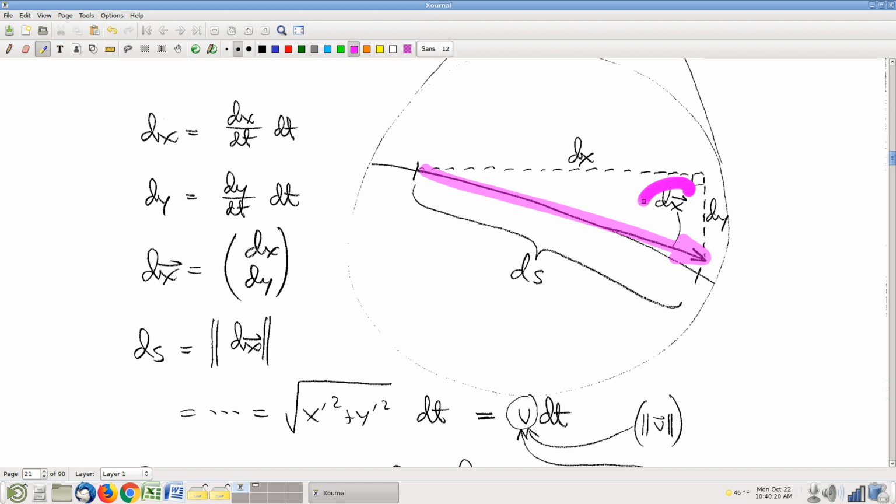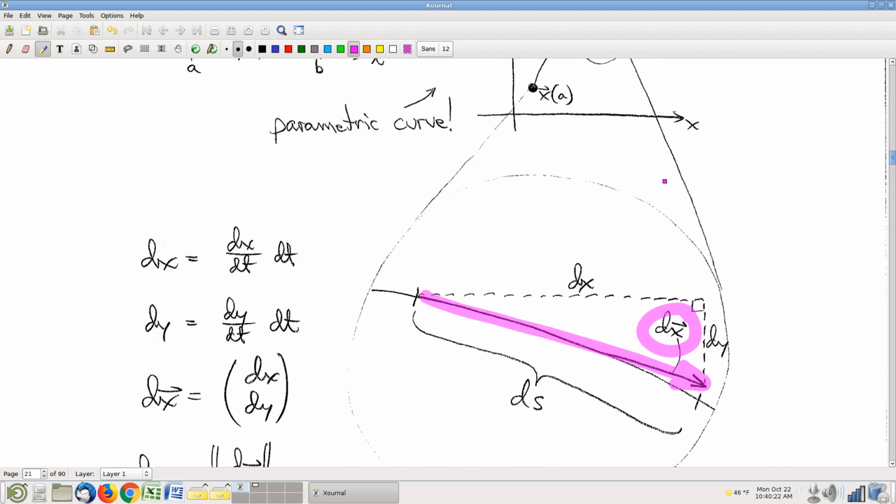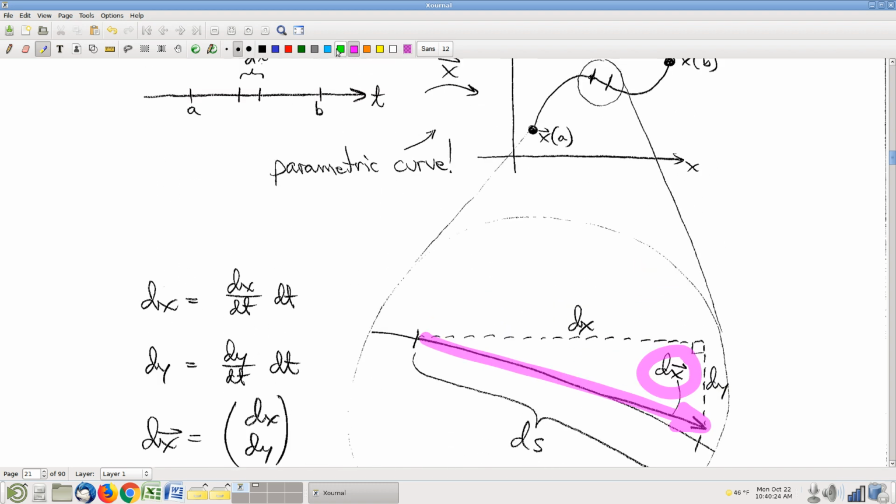That vector represents a change in position, caused by a change in the input. Given a change in the input, the corresponding change in position is the best way to understand the piece of the target that I'm interested in.